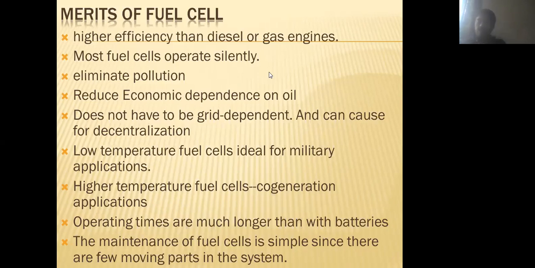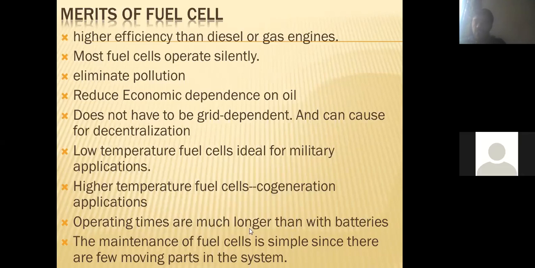So you always expect a certain amount of noise, as well as a certain amount of pollution. We already discussed the pollution created by the engines. Especially when we consider the engine, you are going to find NOx emissions, HC emissions, CO emissions, CO2 emissions.